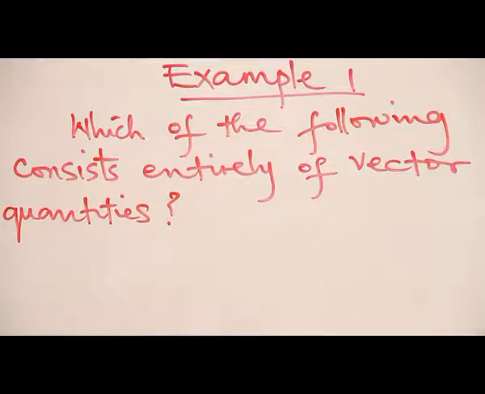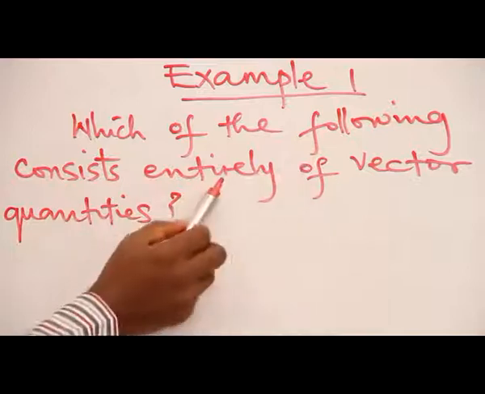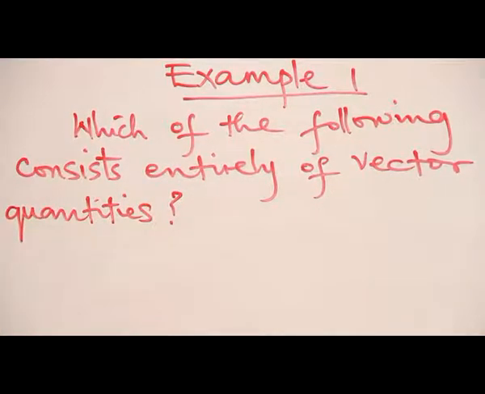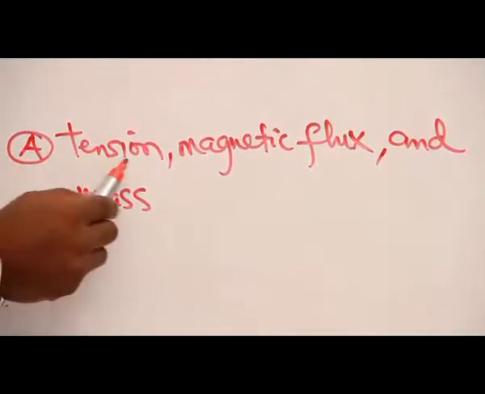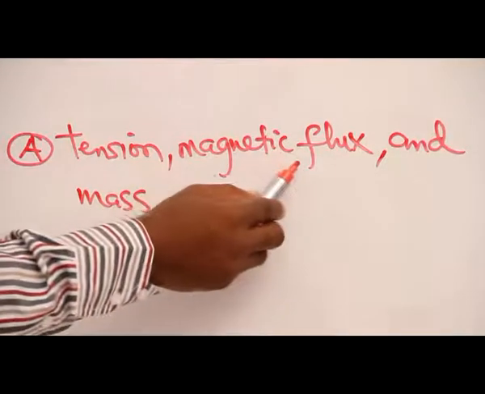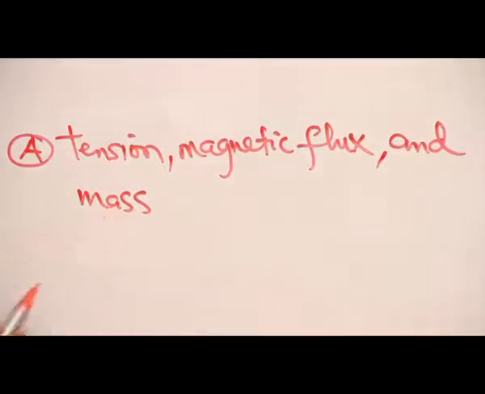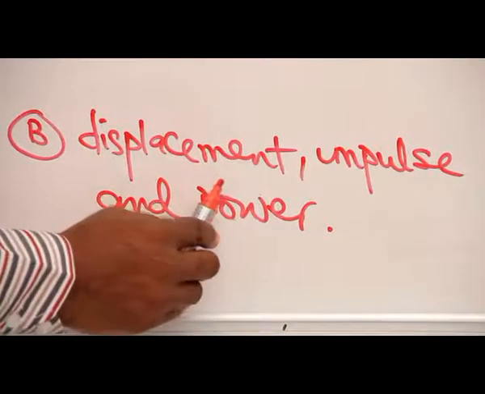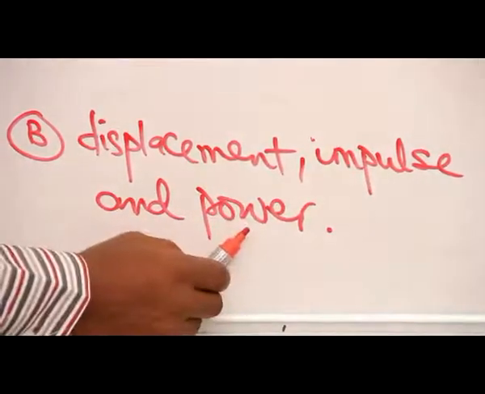Example 1. Which of the following consists entirely of vector quantities? The options are A. Tension, magnetic flux, and mass. B. Displacement, impulse, and power.